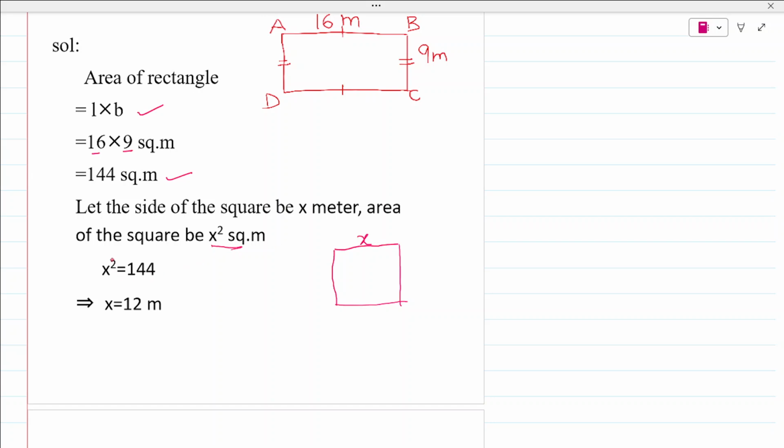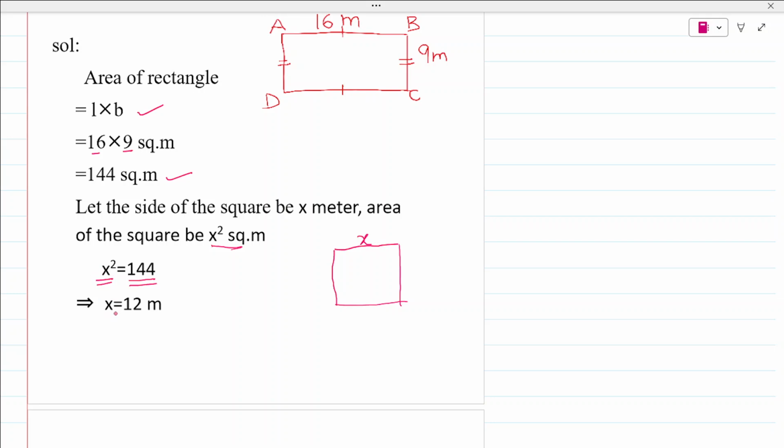We will equate the area of the rectangle and the square, because in the question it is said that both have the same area. So the area of the square, x square, should be equal to the area of the rectangle, that is 144 square meter. Calculating x, we need to find the square root.